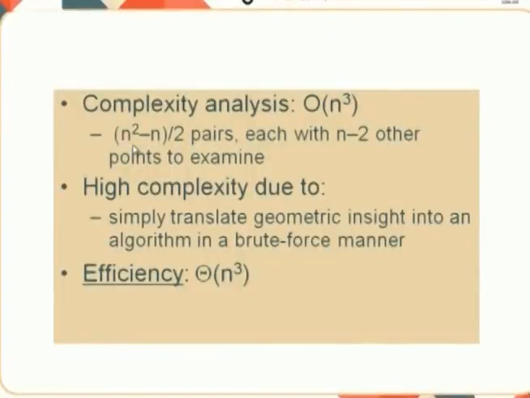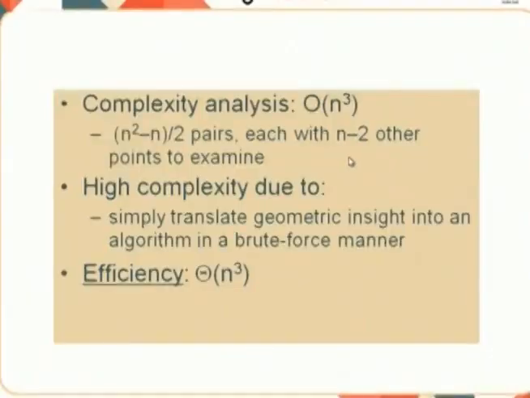How many pairs of lines are there? There are (n square minus n) by 2 pairs of lines, and I have to compare each with the n minus 2 other points. So, naturally the complexity of this comes out as big O of n cube.